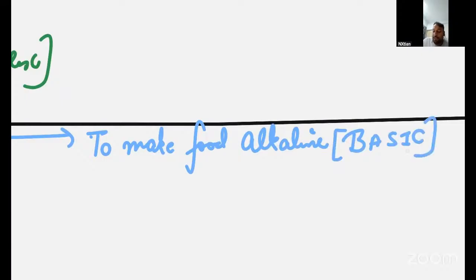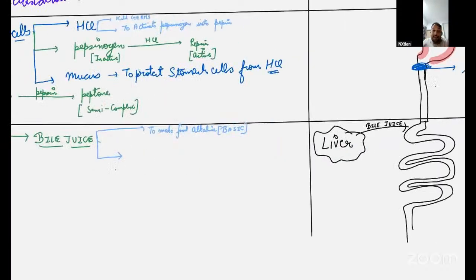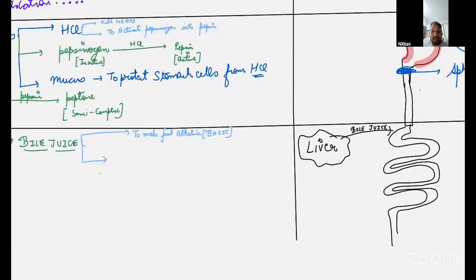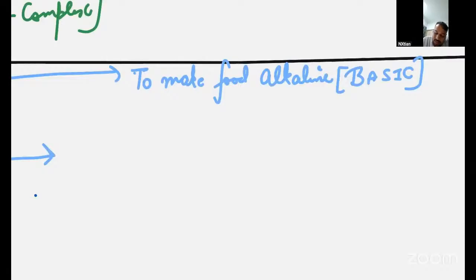Okay, so the food which is coming is very acidic. Yes. So the liver will release bile juice before the food enters the small intestine. That bile juice will make the food alkalinic. Are you getting this? Say yes or no. Yes.